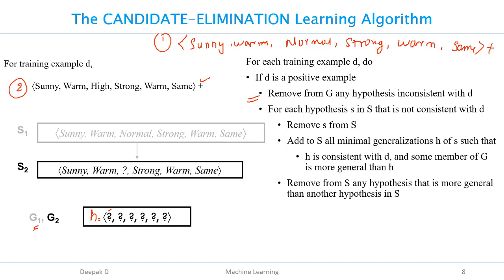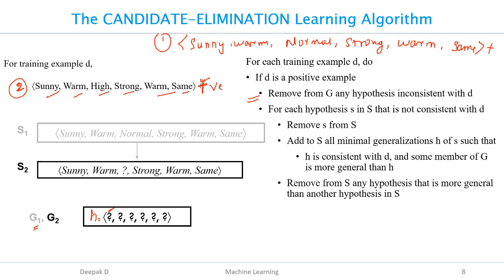You have to check whether this hypothesis is consistent with my second instance. Again: sunny, any value, warm, high, strong, warm, same. So this hypothesis will classify the second instance as a positive instance.